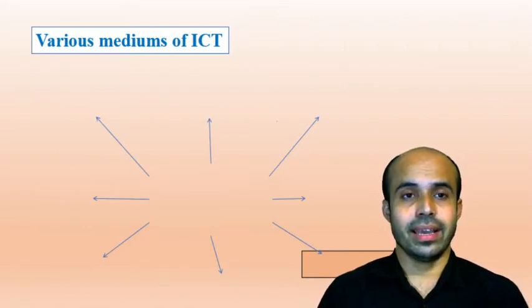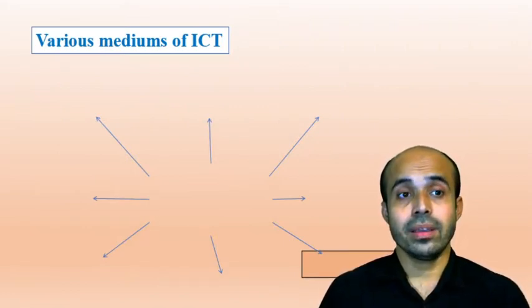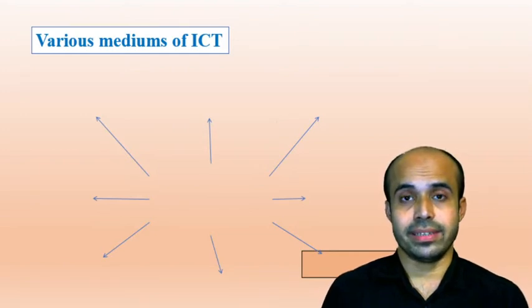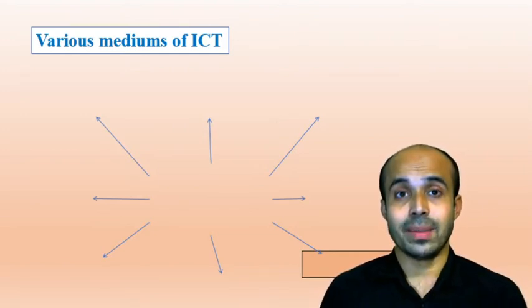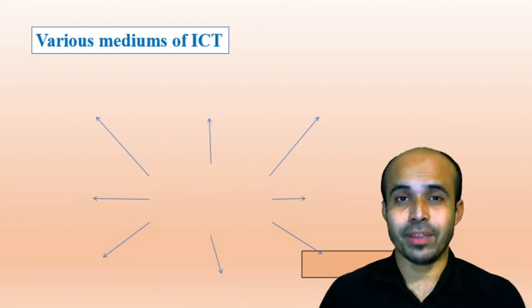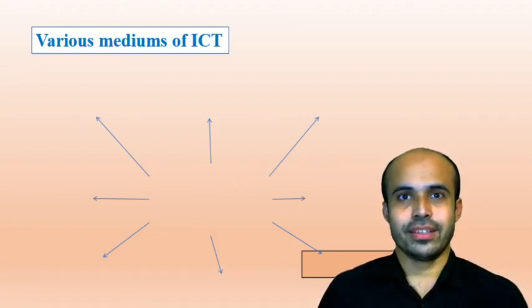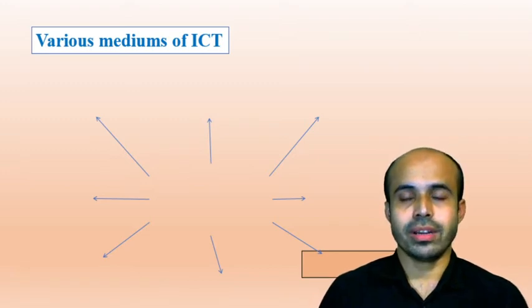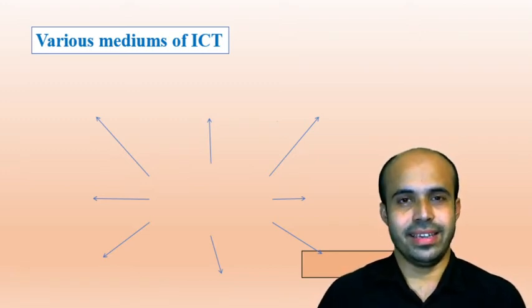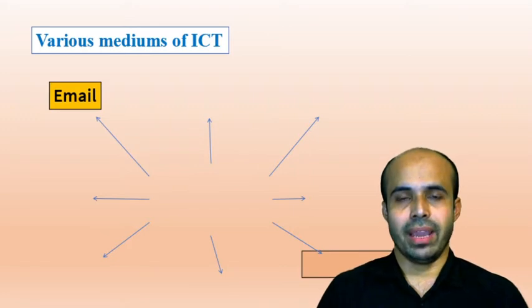You can see above the various mediums of ICT, meaning the various mediums of information and communication technology. So what are they? Let's say one is email. You know what email is.